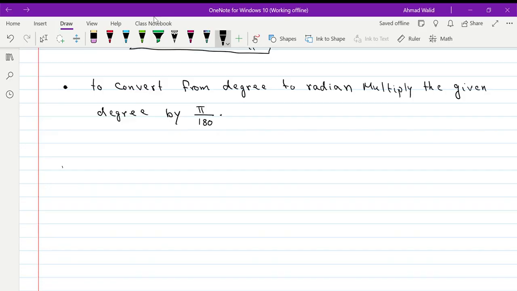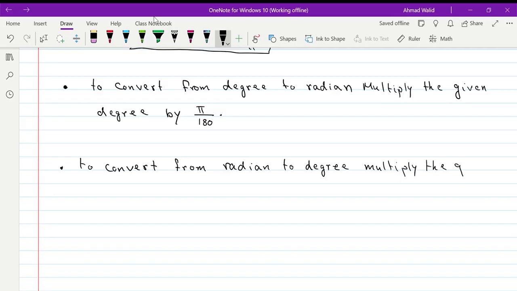Note number two, to convert from radian to degree, multiply the given radian by 180 over pi.